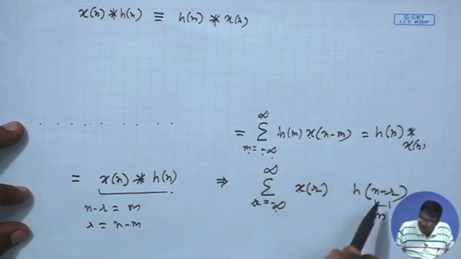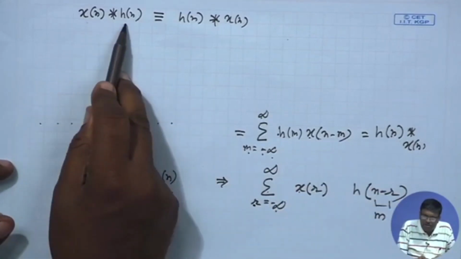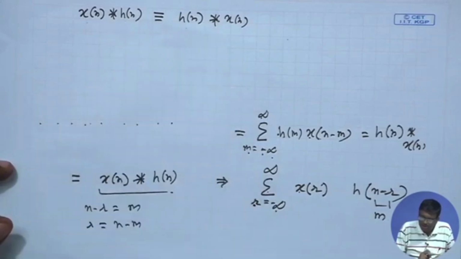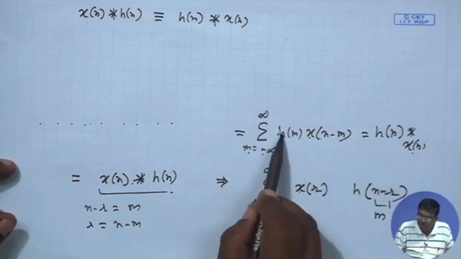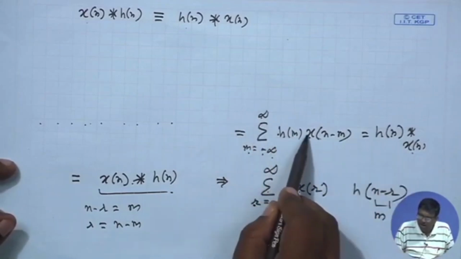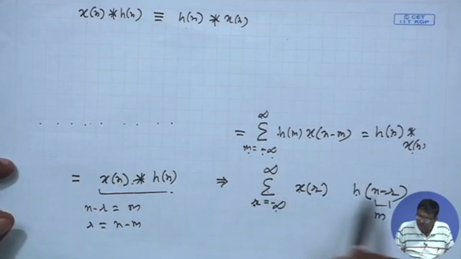So, this is the n, like here also n. This shows that x[n] star h[n] is same as h[n] star x[n]. We started with x[n] star h[n]. I made this substitution, and this immediately becomes h[n] star x[n]. First guy is h, function of m, second guy is x, function of n minus m. Here it was function of r, second guy was n minus r, because r was replacing m.